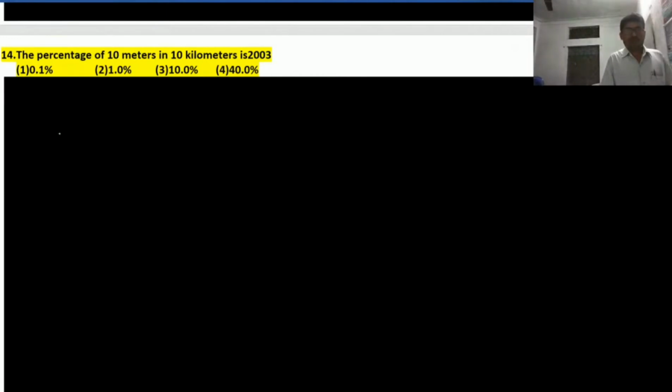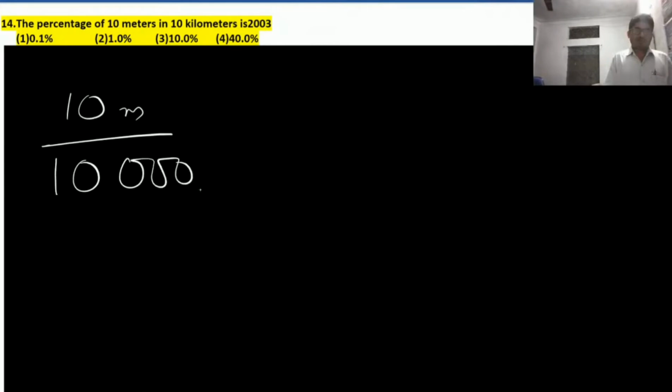Question number 14. The percentage of 10 meters in 10 kilometers. For a kilometer, 1000 meters. 10 kilometers, 10,000 meters.